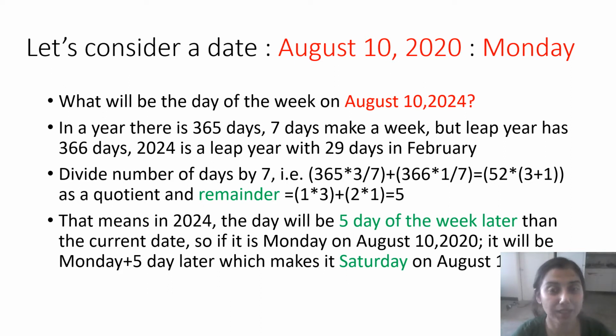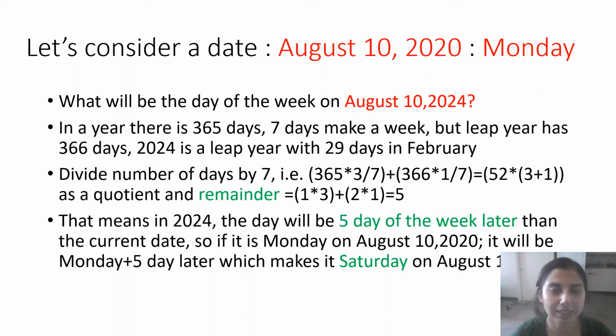That is 4 years from the current date of August 10, 2020. So in this case, the first 3 years have 365 days. The last year has a February with 29 days, and that means that year span has 366 days.